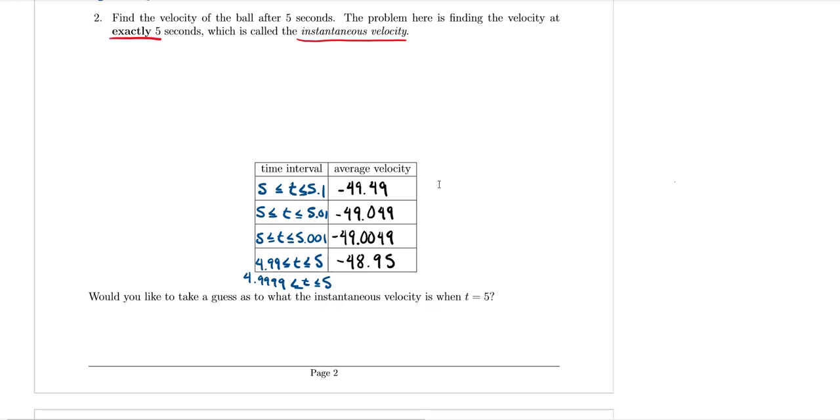So just put here, at time equals 5, the instantaneous velocity is equal to negative 49 meters per second. Now we got our way here by an estimate of what the instantaneous velocity will be, but later on we'll figure out how to get it exactly without the need for multiple approximations.